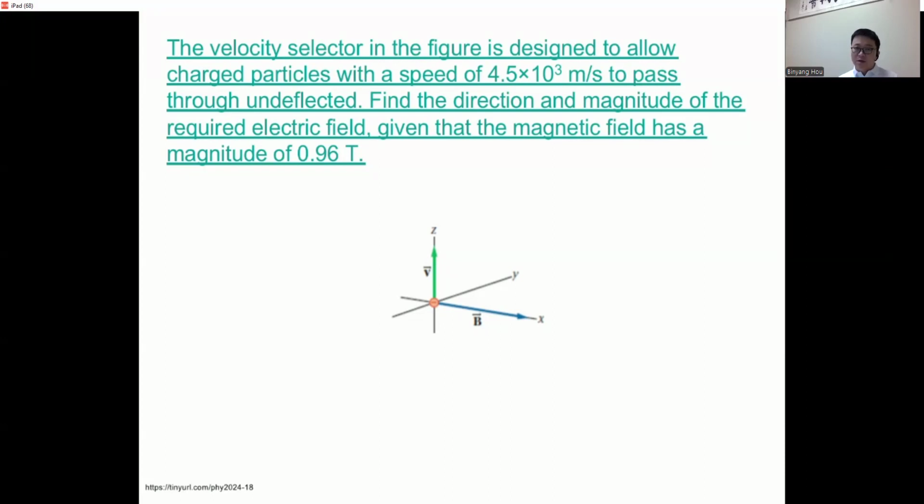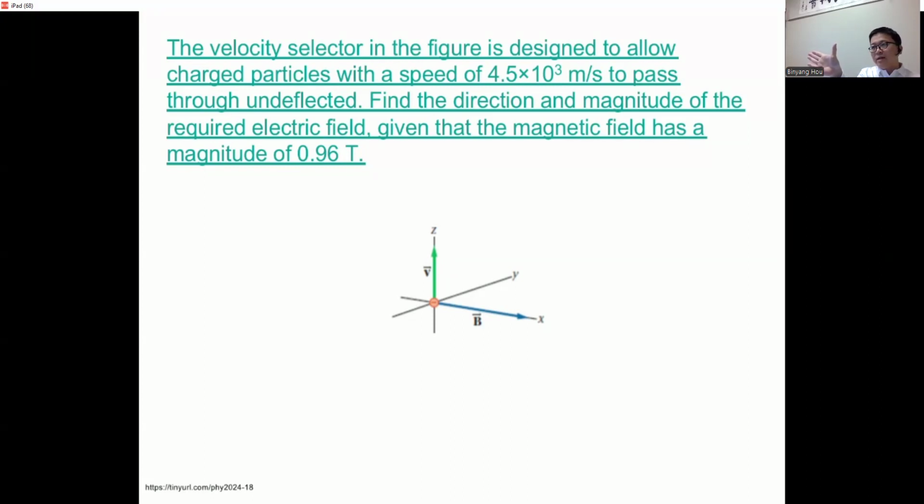So in this case, the figure shows there's a minus charge here, so the charge is minus. You can use your right hand rule to determine the direction of the force on the minus charge. Thumb is in the direction of the V, upward, and four fingers in the direction of the B field.